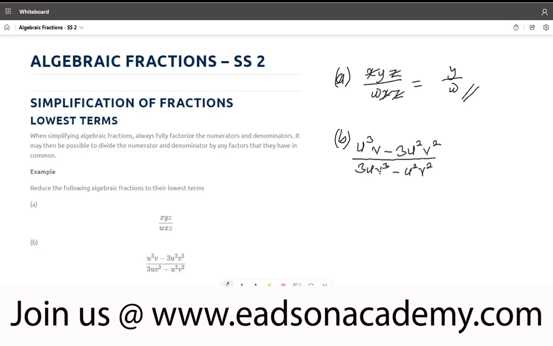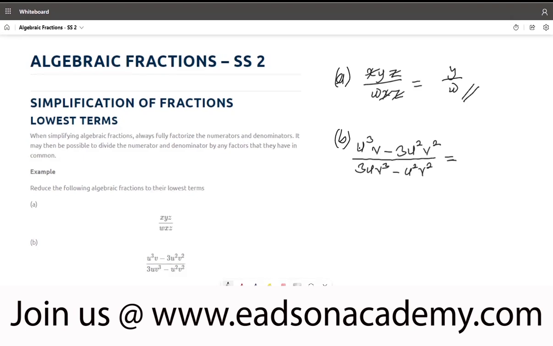Since we have an operation of subtraction between the terms, what we are going to do first is to factorize the numerator, and we also factorize the denominator. To factorize means you look for a common factor, something that can divide into the first term, u cube v, and also divide into the second term without a remainder. That is what we mean by common factor.